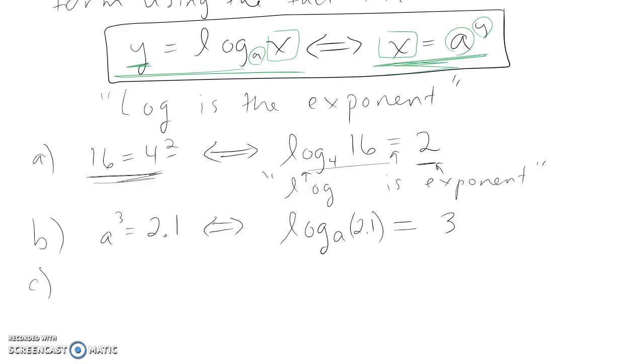Let's do one more. C. Log base 3 of 81, if we want to write that instead in exponential form, what's the base? Well, 3 is the base, right? And remember that the log is the exponent.